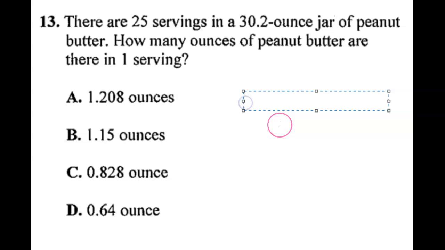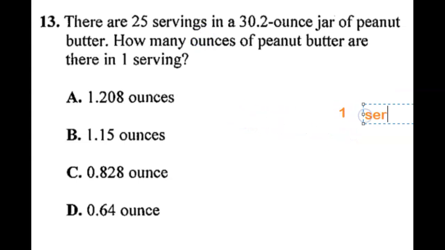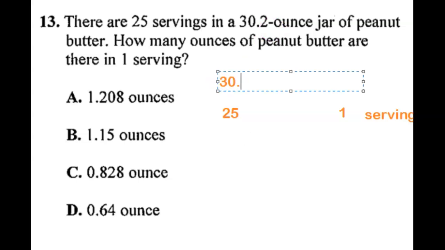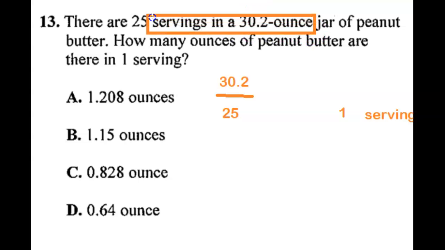Well, it wants to know how much it's going to be for 1 serving, right? So I'm going to line up my servings. If my servings are on the bottom, it says there's 25 servings, right? And how many ounces are there? 30.2. So I have 30.2 ounces over 25 servings, right?